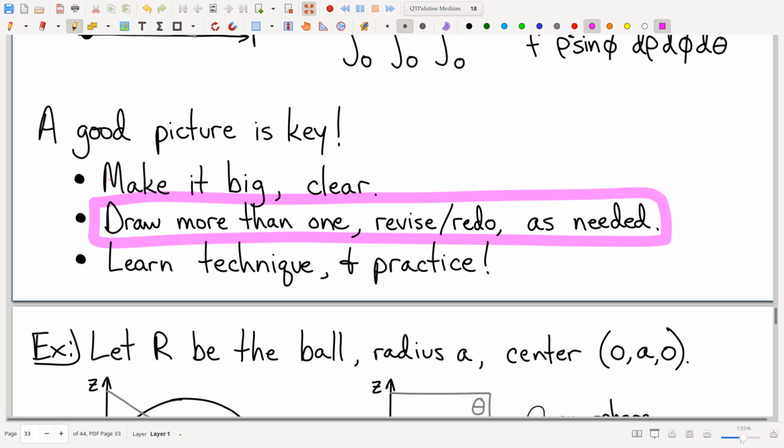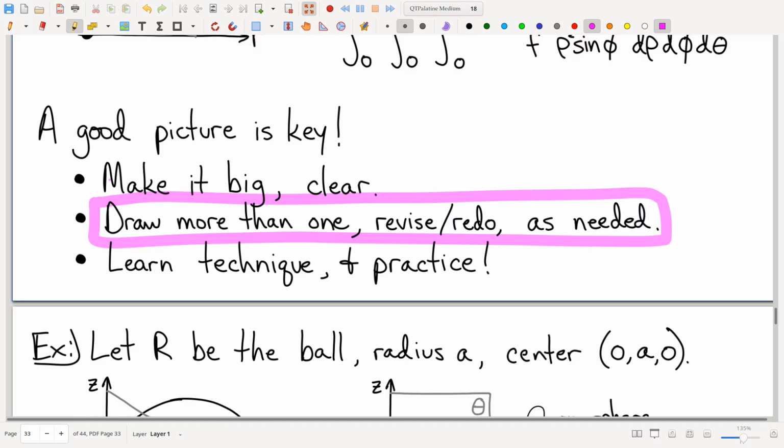So I certainly don't. I always draw a first picture with the understanding and expectation that it's going to be bad, right? But then I learn a little something from it. I get a little bit more of an intuition of what this thing looks like. That allows my second picture to be better, which gives me more intuition for what the solid looks like that I'm trying to describe, which makes my third picture even better, possibly even good enough, right?